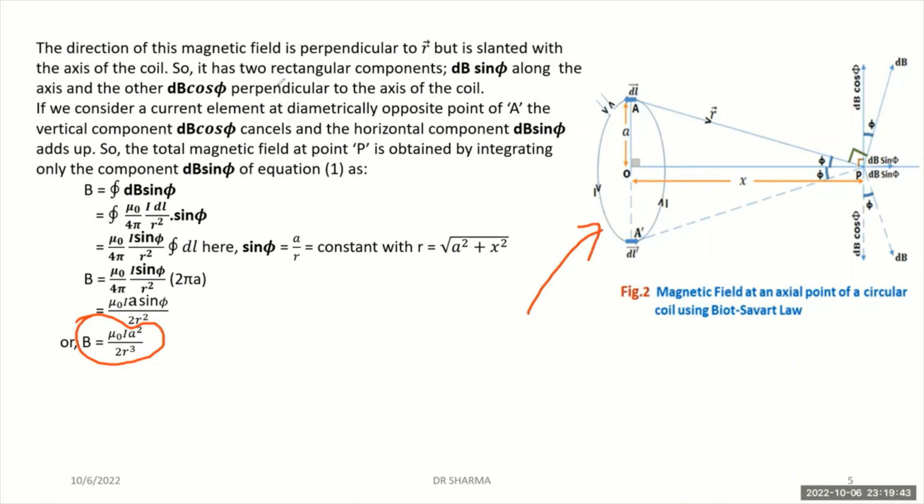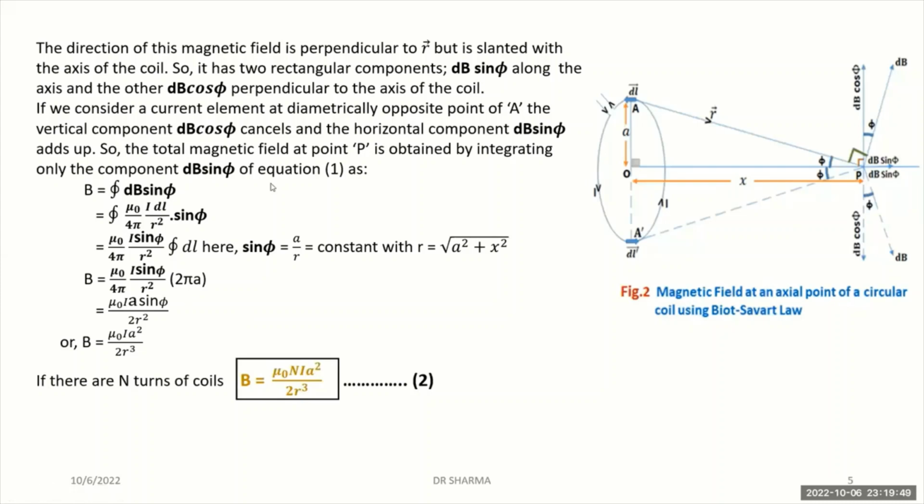So if the coil contains n turns, then the total magnetic field is obtained by multiplying by n: B is equal to mu naught n I a square upon 2r cube. Remember, r is root under a square plus x square.